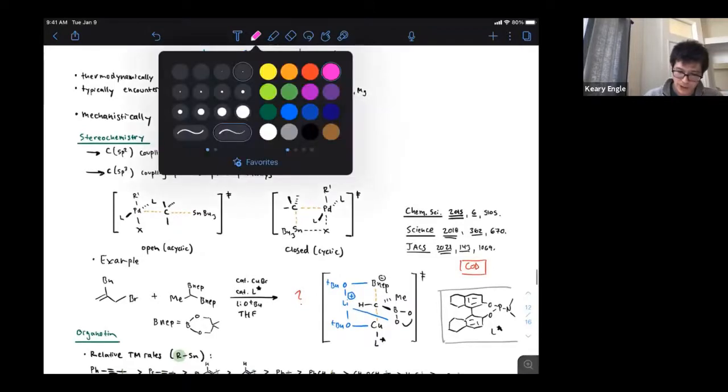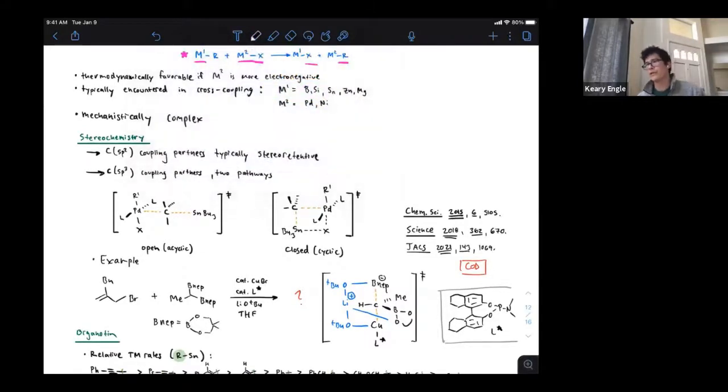So first, one area of research I think that has really come online significantly, let's say in the past decade. I can't even remember learning about this when I took organometallics, and I'm sort of dating myself here.